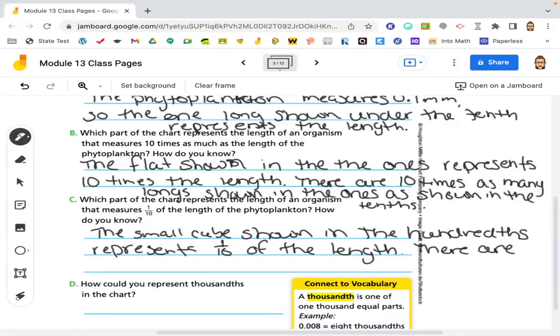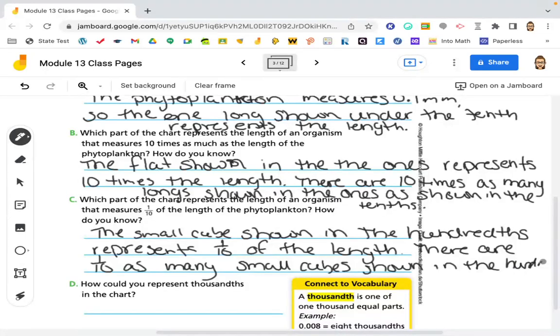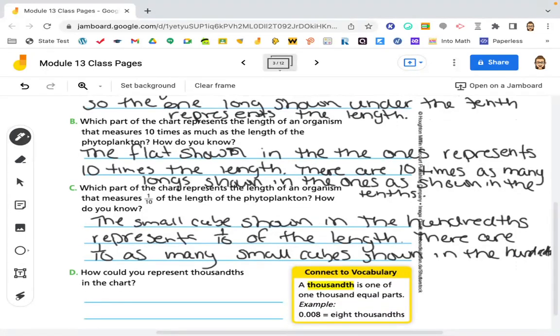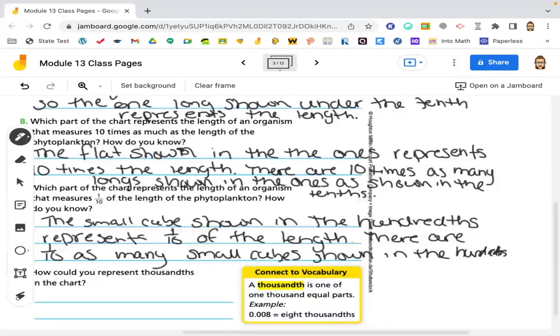There are 1/10 as many small cubes shown in the hundredths as shown in the tenths.